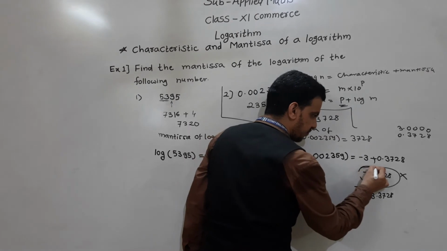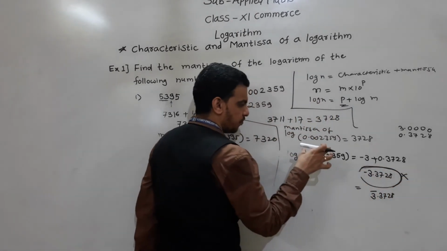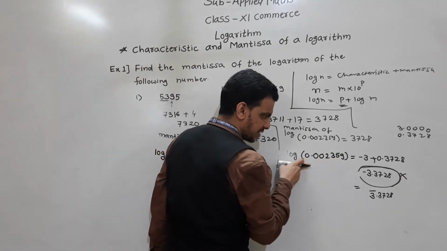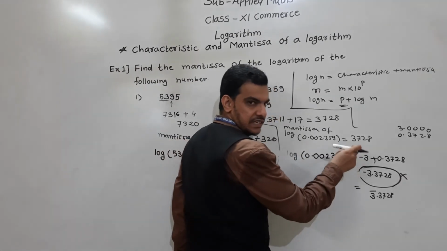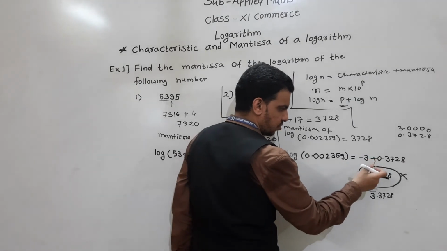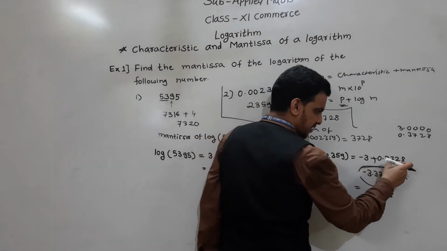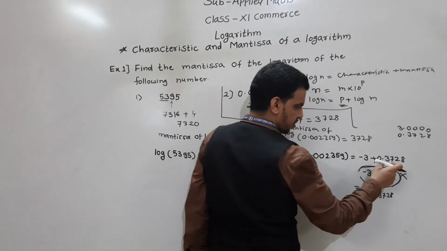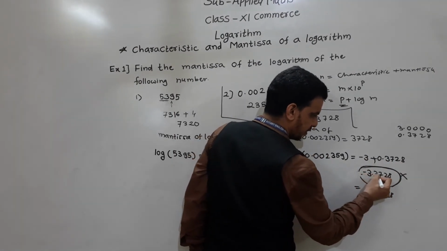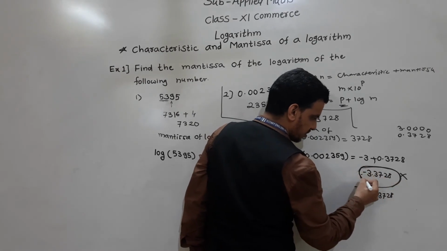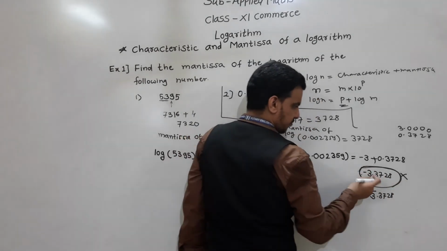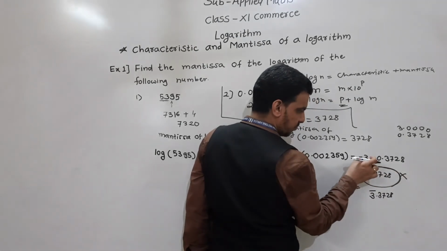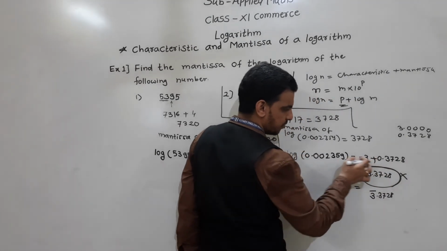So when we are finding the log of a number which is less than 1, the characteristic is negative. So characteristic plus mantissa, here it is minus 3 plus 0.3728. So don't write it this way, minus 3.3728. Actually we have to subtract 0.3728 from this 3 and then give the minus sign.